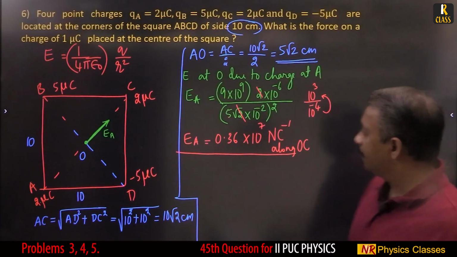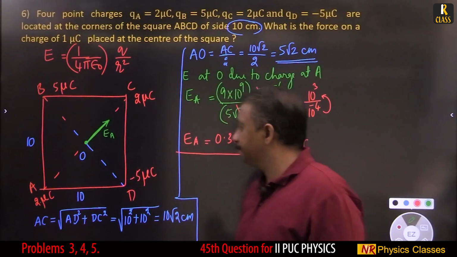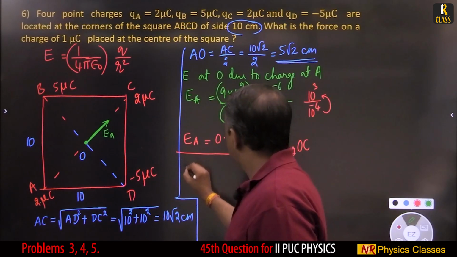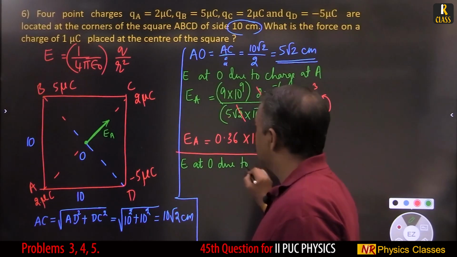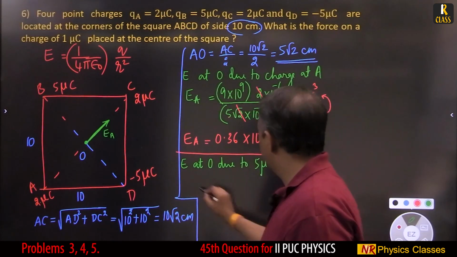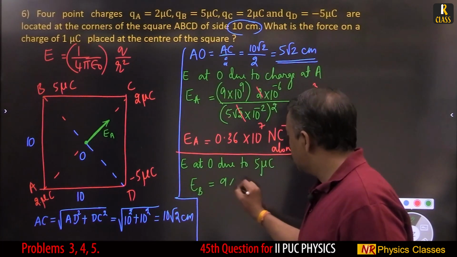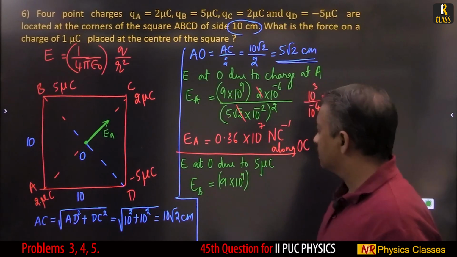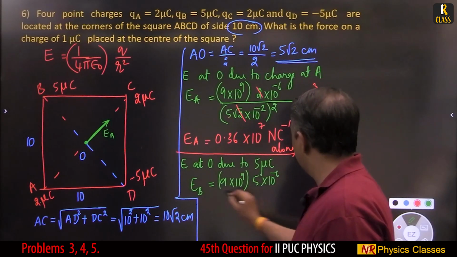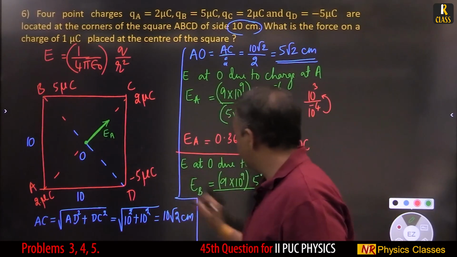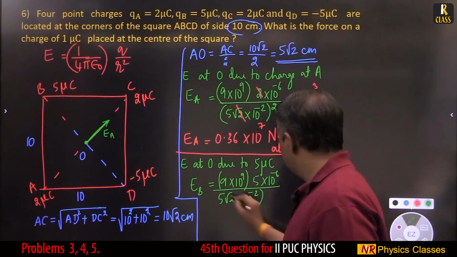Now let us find the electric field due to B at this point. Electric field at O due to 5 microcoulomb. Electric field due to charge at B, EB, equals 9 times 10 to the power of 9, charge is 5 times 10 to the power of minus 6, by distance, again 5 root 2 times 10 to the power of minus 2, square.